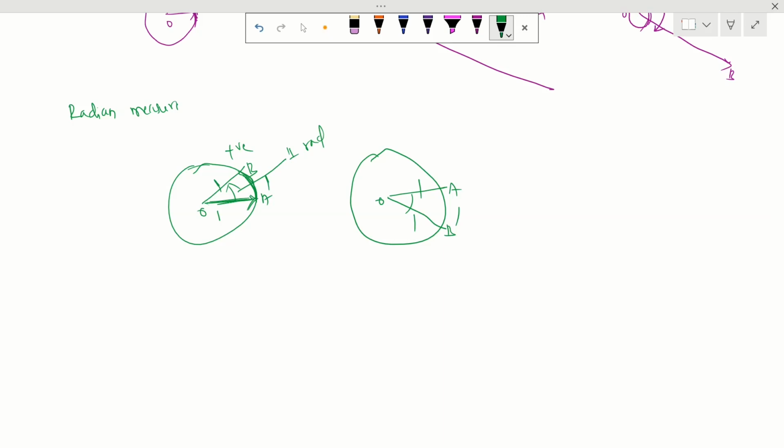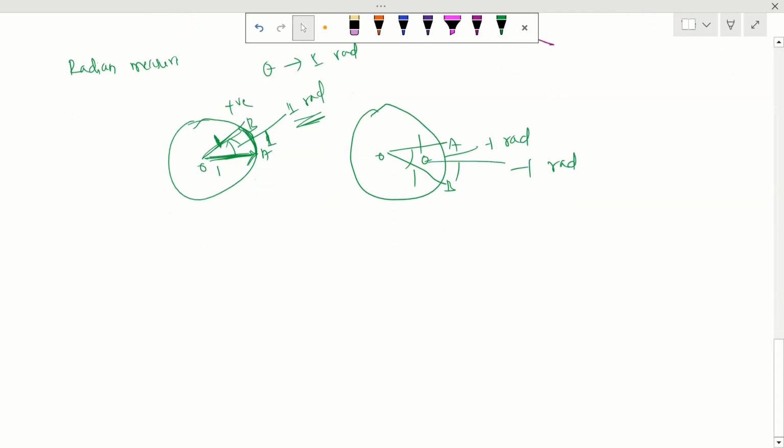Theta is called 1 radian here, and here it is minus 1 radian.